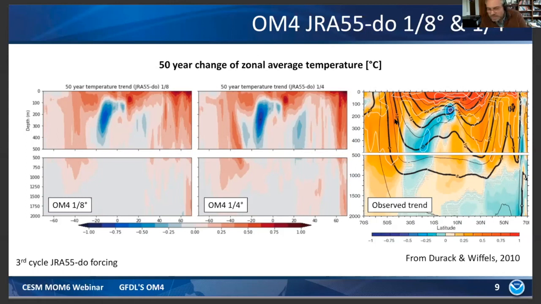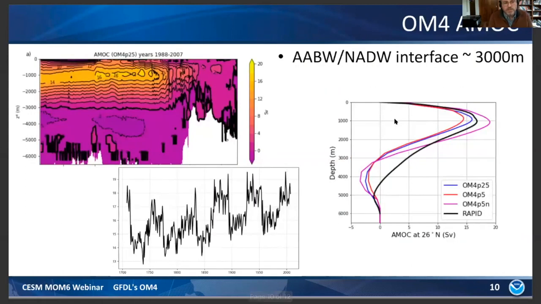Okay. So I've shown you so far some very positive aspects of the model, but the model is, shall we say, far from perfect. The incentive we had to start looking at hybrid coordinates was to try and tackle the spurious mixing problem. And associated with this was this idea that the isopycnal models of the previous generation were pretty good at getting deep and strong AMOC circulations.